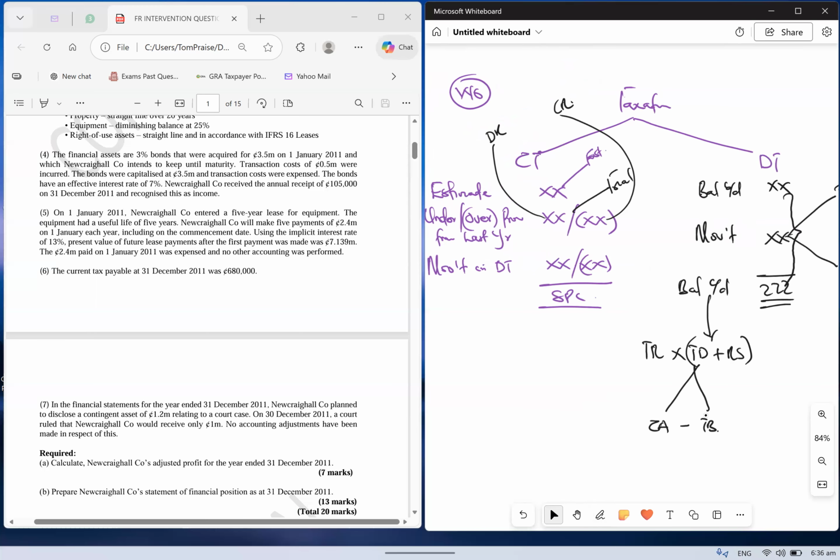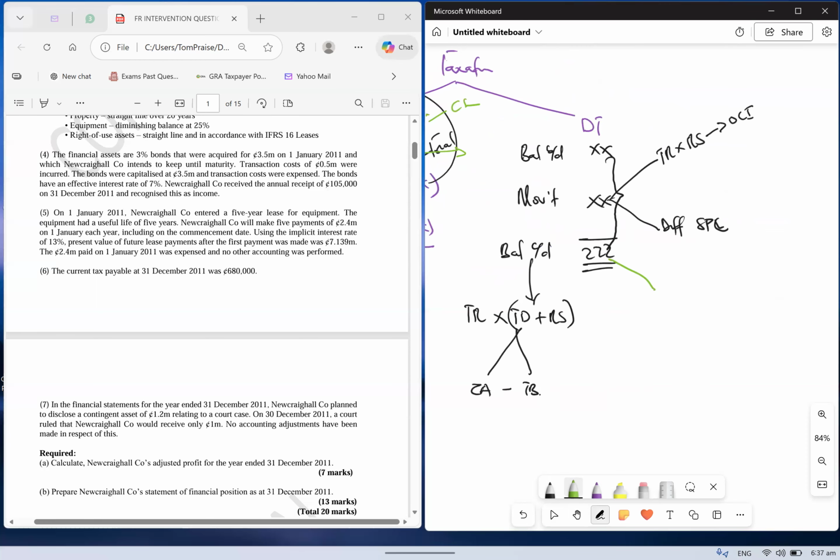you have the current tax there. It's 680. The estimate for the year is 680. This estimate, you will see it in the footnote, but it also goes to your current liability. Take note of that.